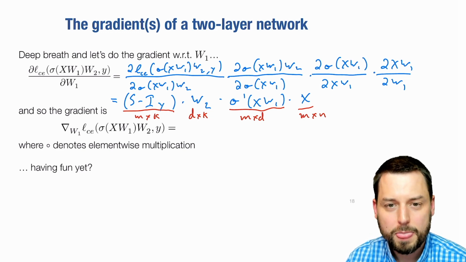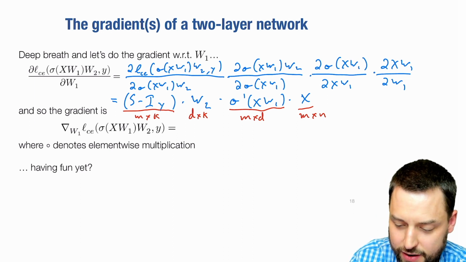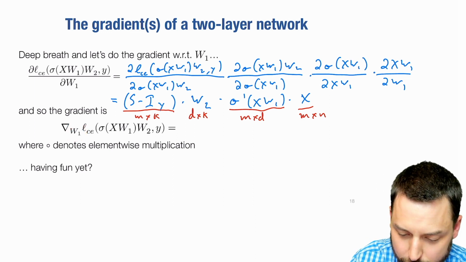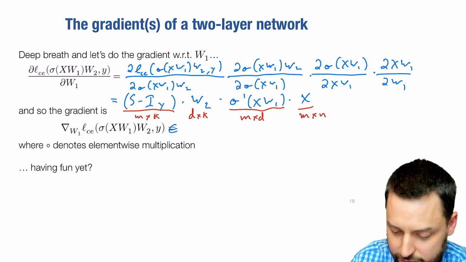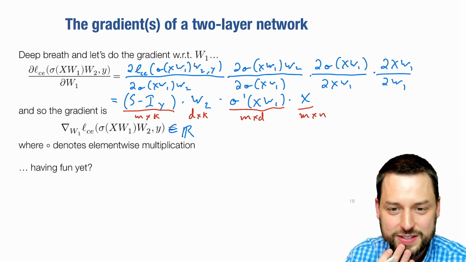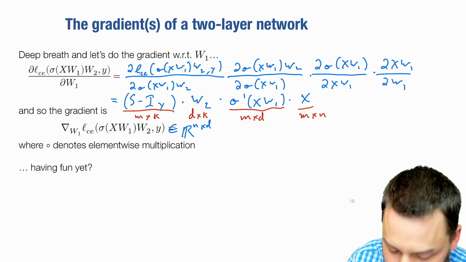All right, so now what is the gradient we're after? What is the gradient of our loss with respect to W1? Maybe the first thing I'll write here is the size. This thing would be a matrix the same size as W1. And if you go back a few slides, you will see that W1 is n by d.